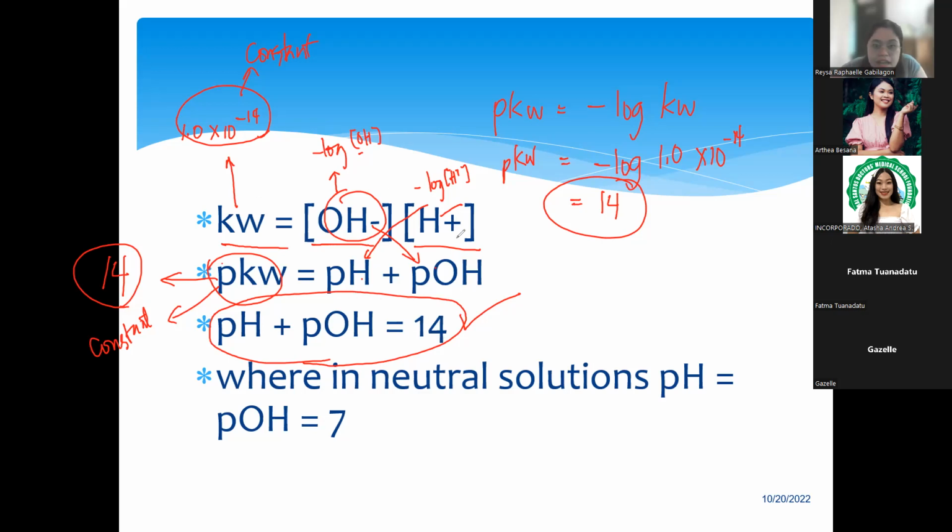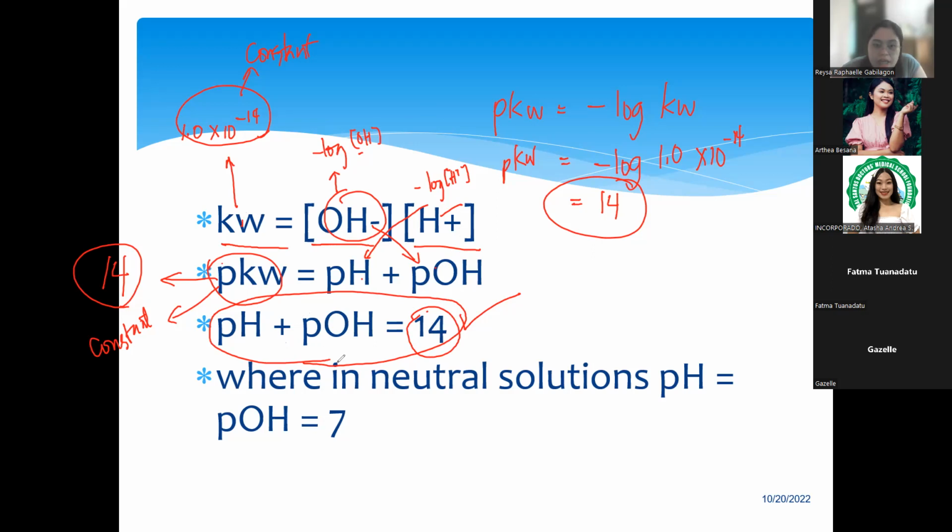So itong nasa taas is just like an explanation, an illustration saan galing si 14. Galing yan siya dito kay Kw pag kinuha mo yung pKw. Okay, it's 14. So kaya pag kinuha natin yung negative logarithm nilang lahat, ito na yung magiging result. pH plus pOH will always be equal to 14.